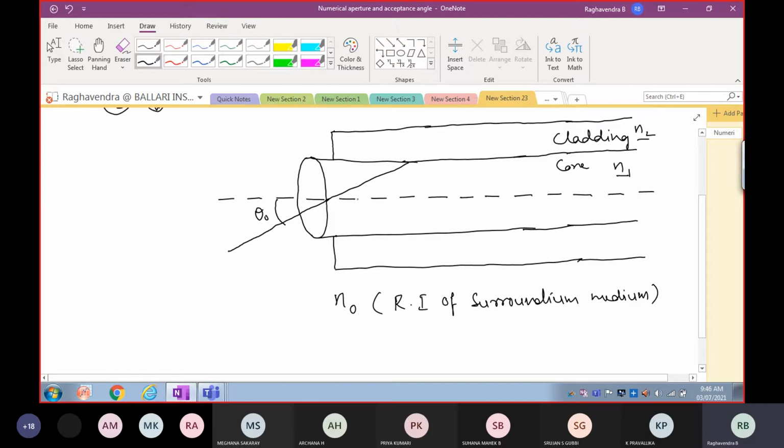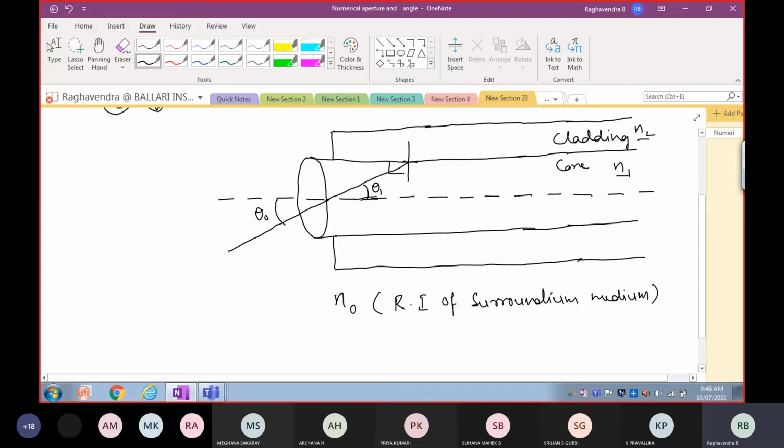Have you understood this? Yes, sir. The angle of refraction is theta 1. Understood? Yes, sir. Okay. Assume that there is an imaginary normal drawn to the interface between core and cladding.